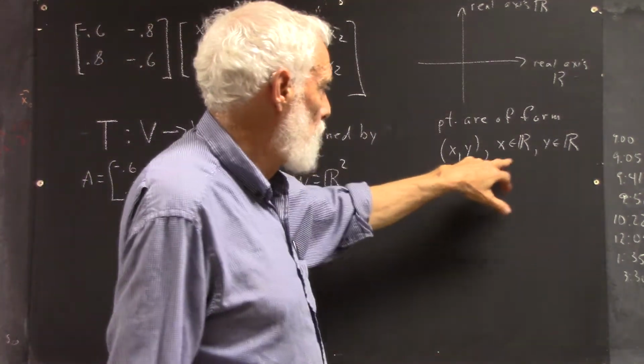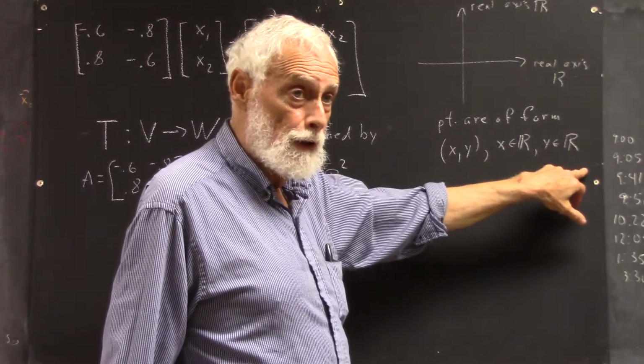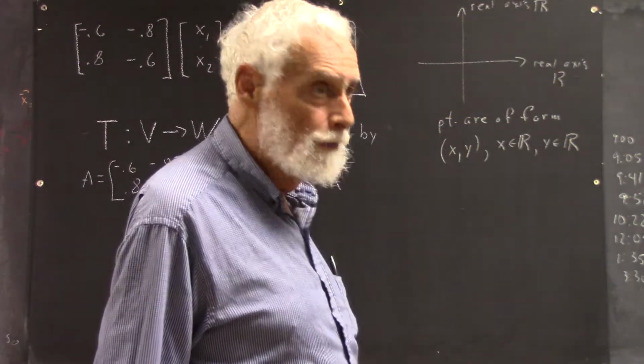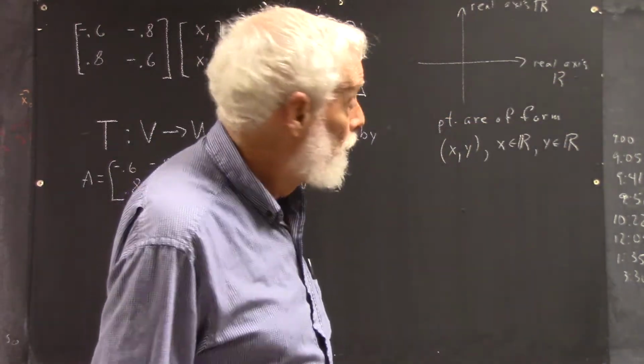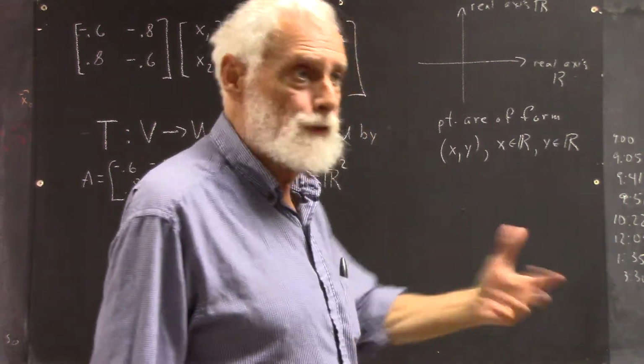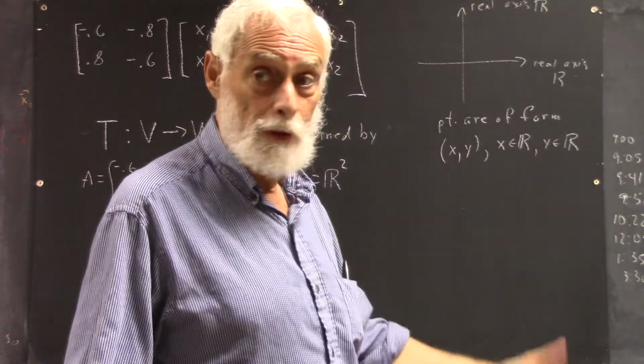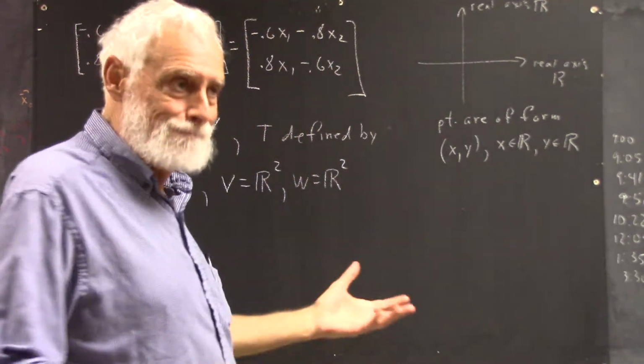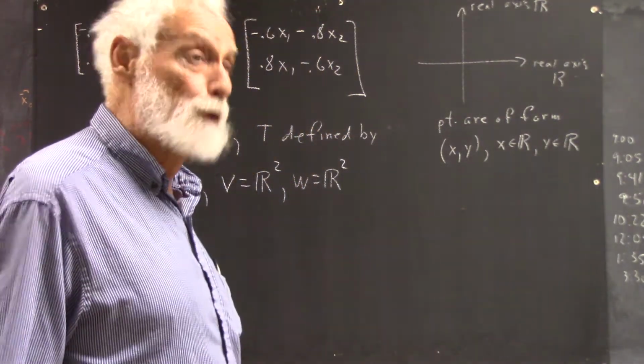Points of the form x, y, with x in R and y in R, and R, the fancy R with the double stem or whatever it is, is the set of real numbers. I assume you know the set of real numbers.